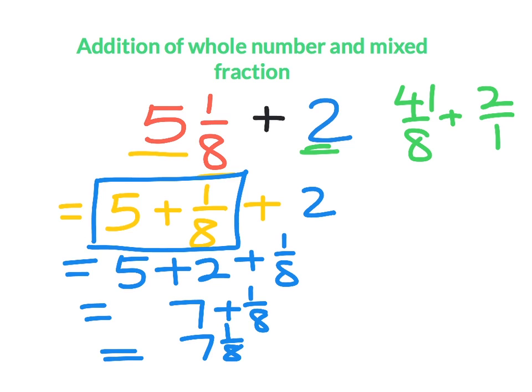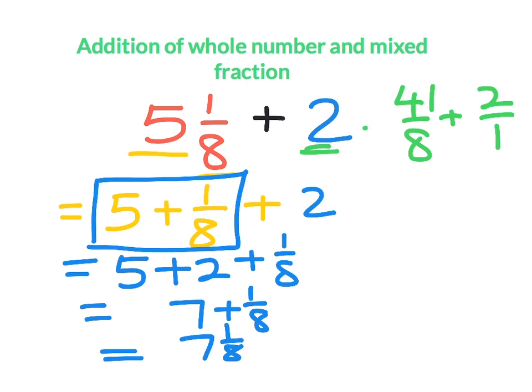So we need to make 2/1 have a denominator of 8. So what can we do to 1 to make it 8? That's by multiplying both the numerator and denominator by 8. So 2 times 8 is 16, and 1 times 8 is 8.